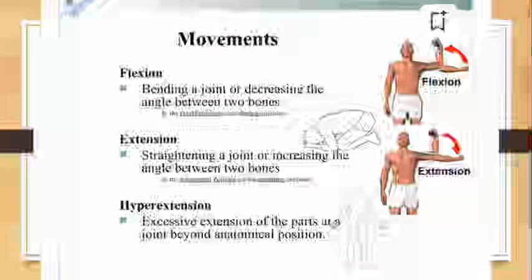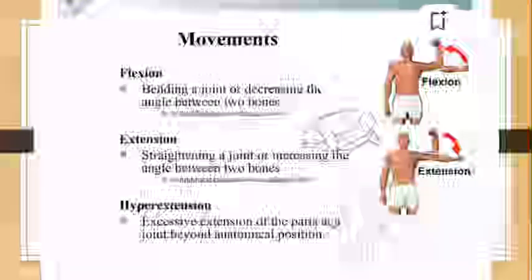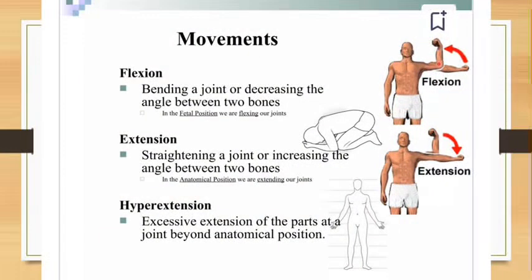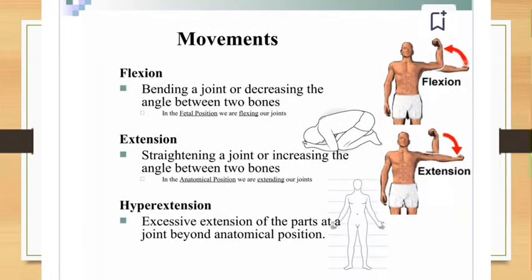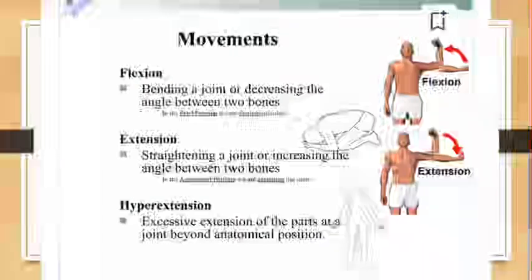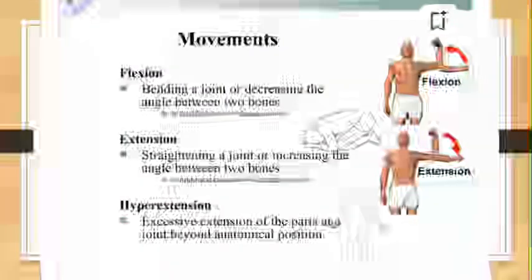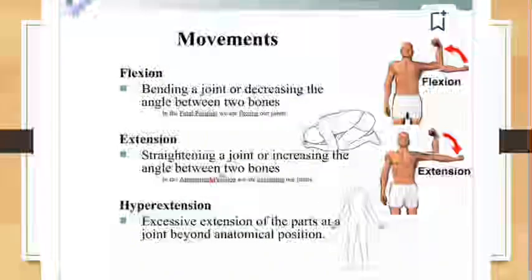This position is a flex position. When he straightens his arm again, he's extending, increasing the angle between the two bones. So straightening a joint or increasing the angle between two bones is extension.